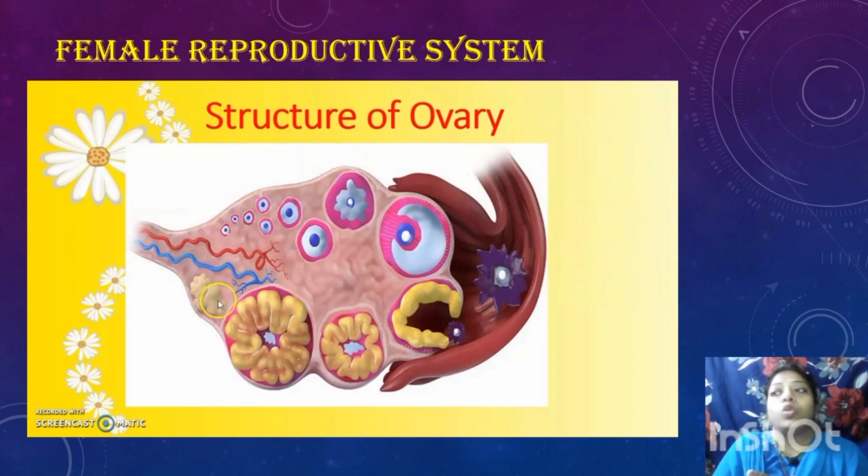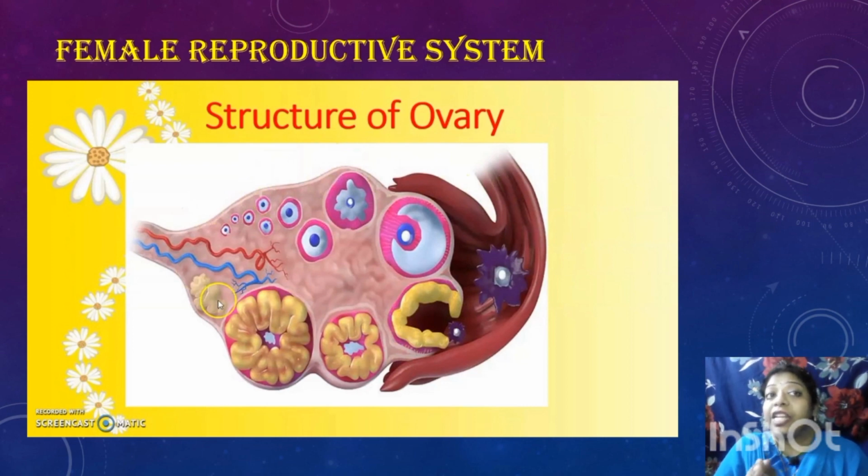So what does this ovum do? This ovum will start to travel down. Where does it go? It starts to travel from the fallopian tube into the uterus after the release of the egg.